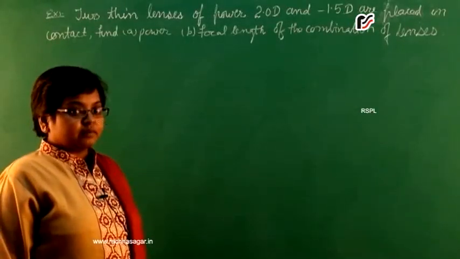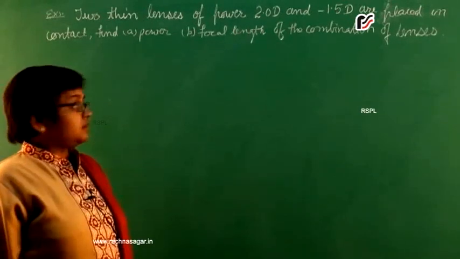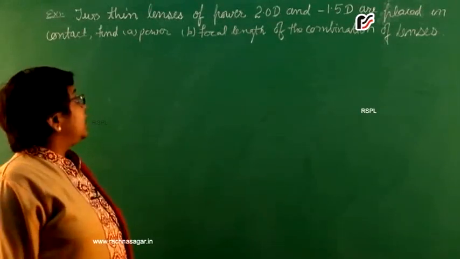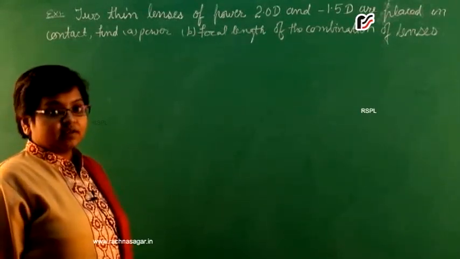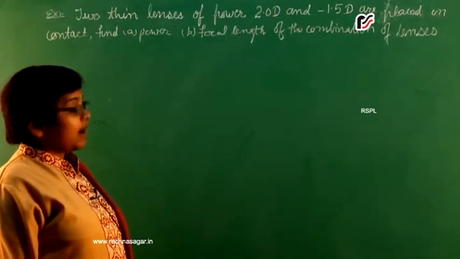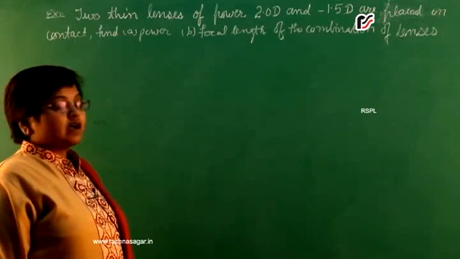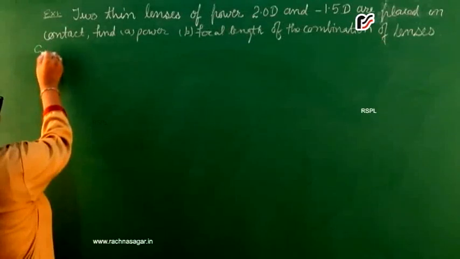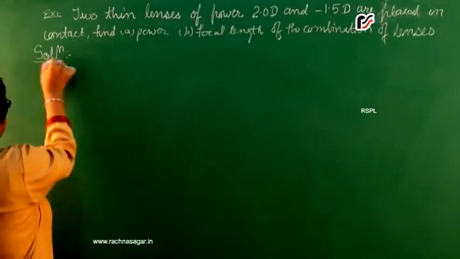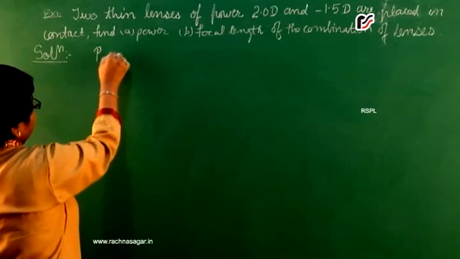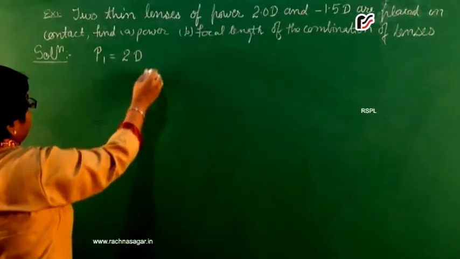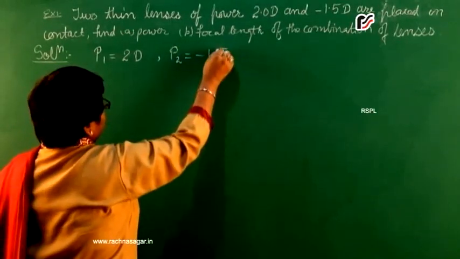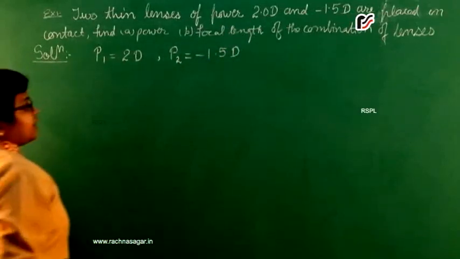Let us take one more example. Two thin lenses of power 2 diopter and minus 1.5 diopter are placed in contact with each other. Find the power and focal length of the combination of lenses. Here the power of the first lens is given as 2 diopter and the power of the other lens is minus 1.5 diopter.